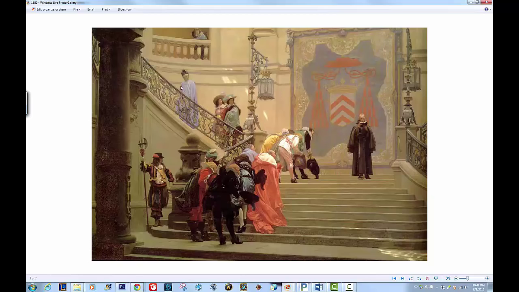So that is the composition he used to make this guy the focal point. But there's also a value reason why we tend to look at this guy. I'll explain more when I explain value after this.